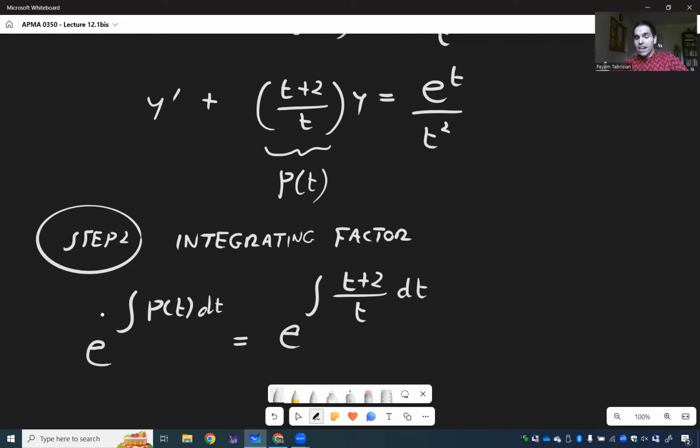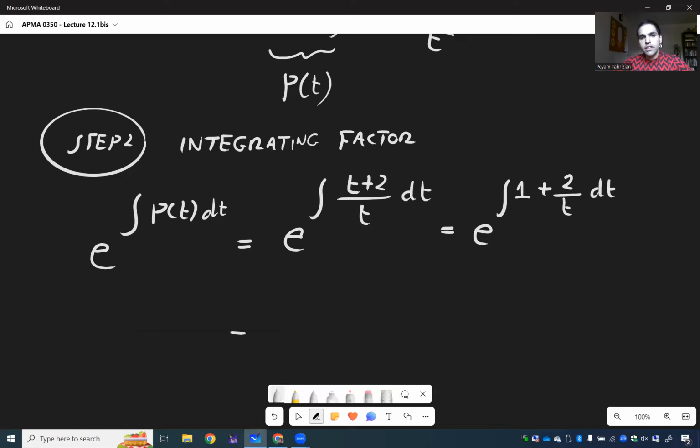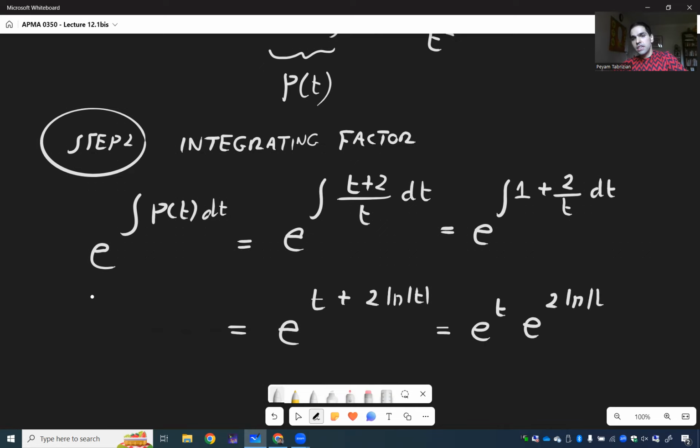Now, because it's a fraction, it's a good idea to split this up. So this becomes e to the integral of t over t, so 1 plus 2 over t dt. And then an antiderivative is simply t plus 2 ln absolute value of t. And then this becomes e to the t times e to the 2 ln t.